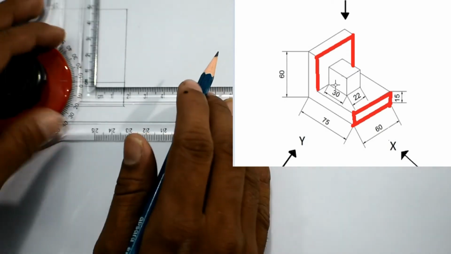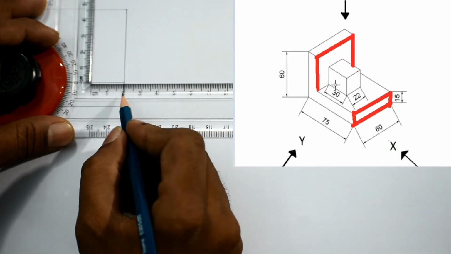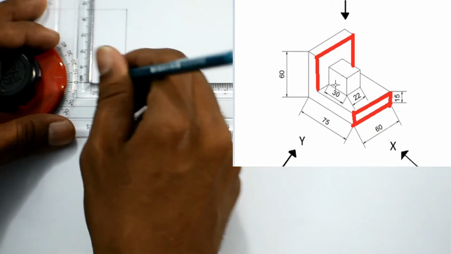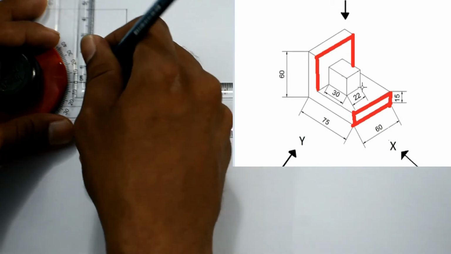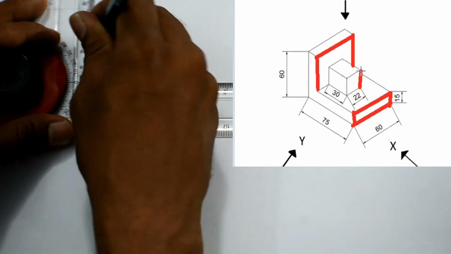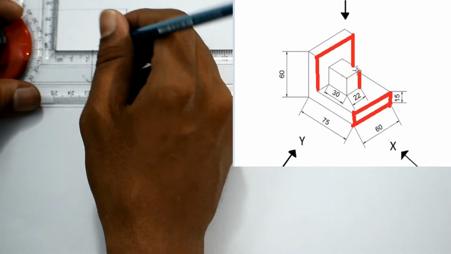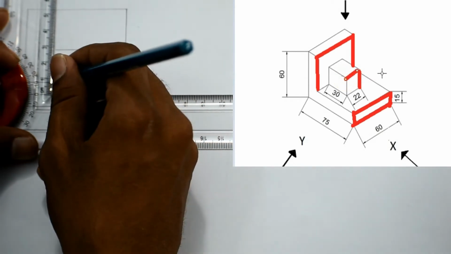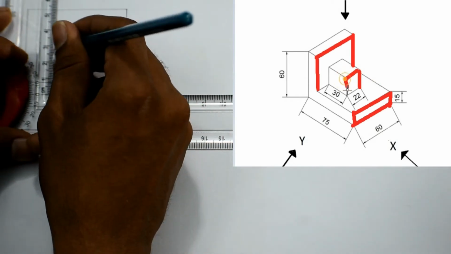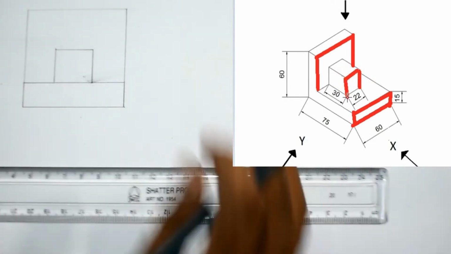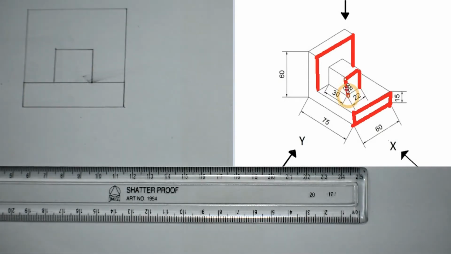That would be 19, so just before 20 mm. So I have taken this line. Now the height is 20 mm and this length is 22. With this, the small box in the center is completed and our front view is completed.